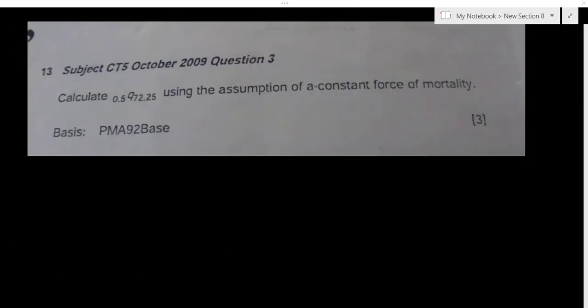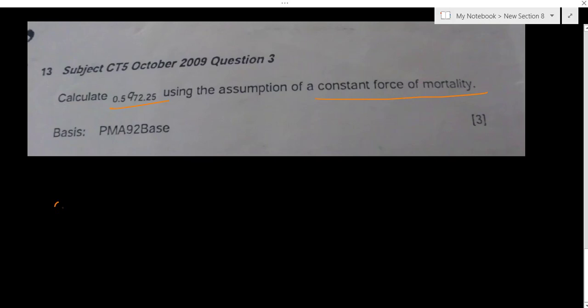Okay, so the next question that we solve is question number 13, and this is a pretty straightforward question, but I got a doubt from someone on this, so I am solving this. Otherwise this is pretty straight. Okay, so we need to use the assumption of CFM, that is constant force of mortality, and calculate this value 0.5 q 72.25.